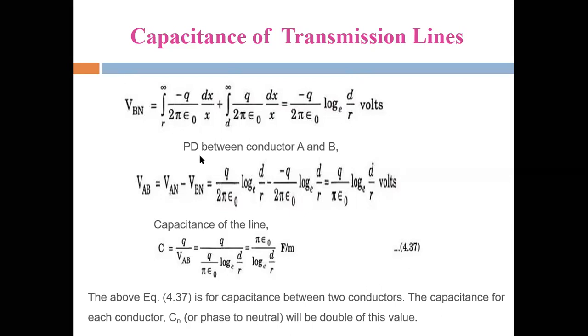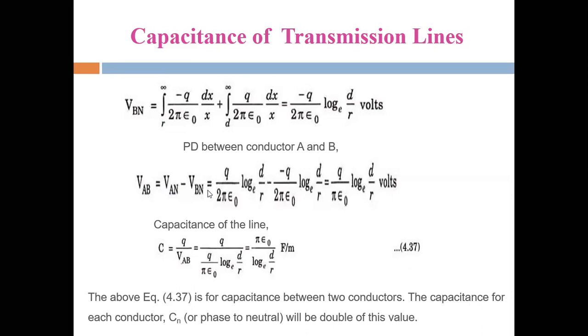Then we calculate the potential difference between conductors A and B. We already calculated the potential difference from A to the neutral point and from B to the neutral point. So VAB is equal to VAN minus VBN.